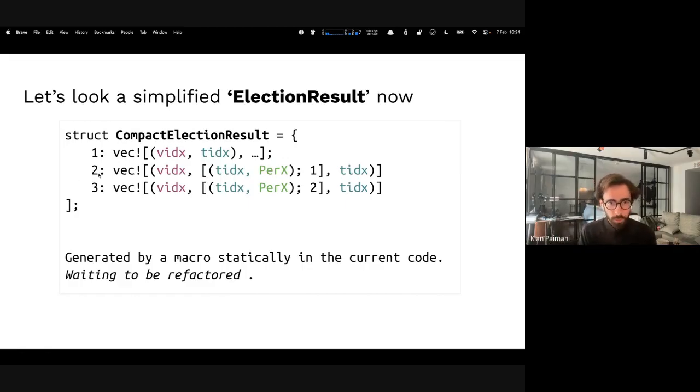For those who vote for more people, it's one voter index, and a fixed size array of size 1, which is a pair of target and a ratio. And the last one, which we don't name anymore, because the last one is whatever is left from the previous percentages, if that makes sense.